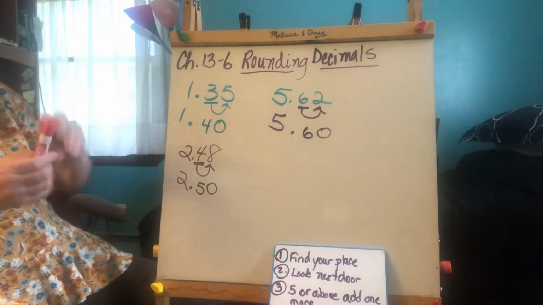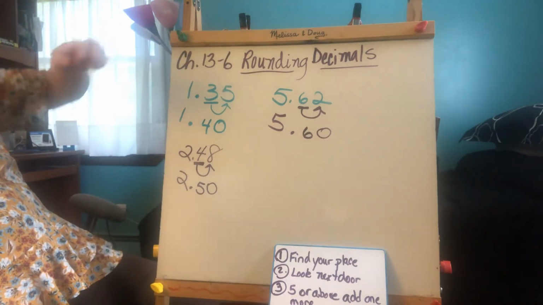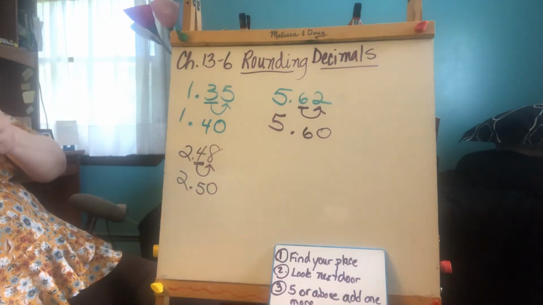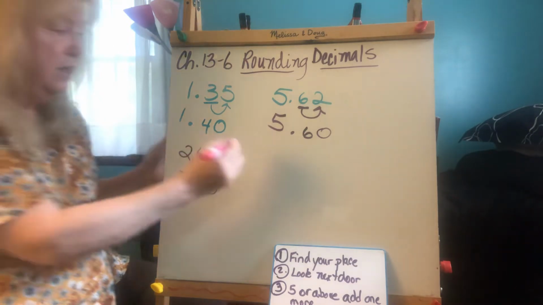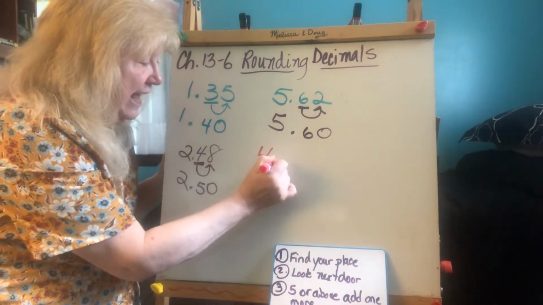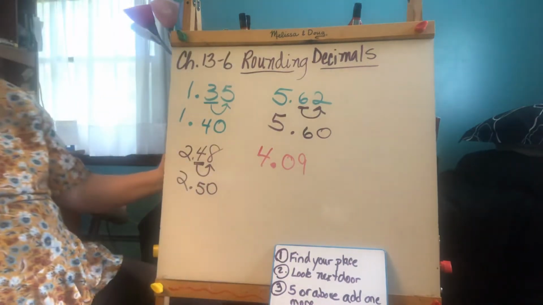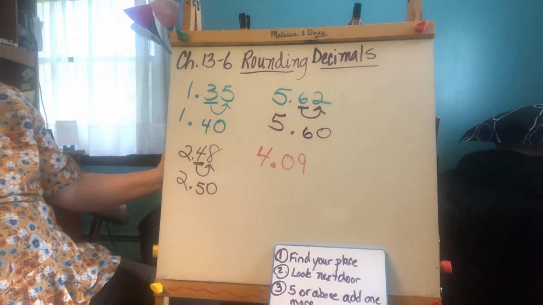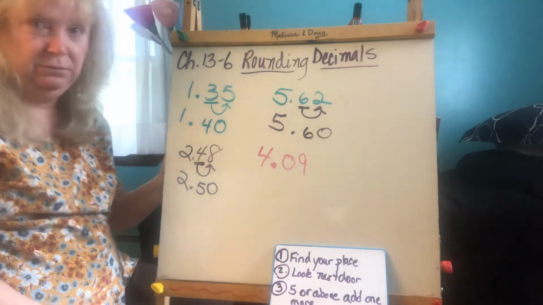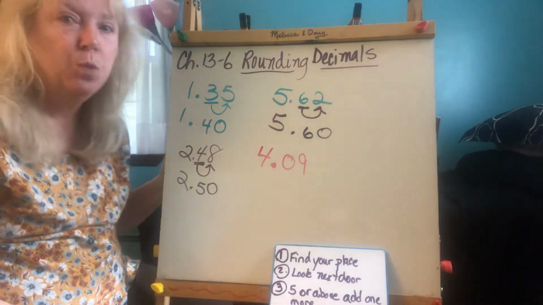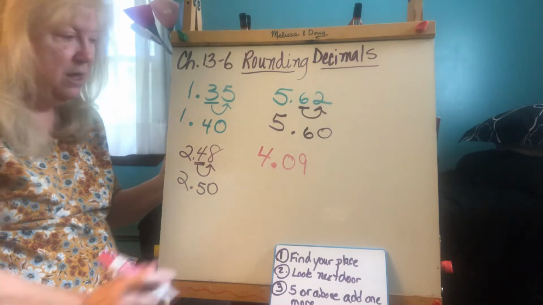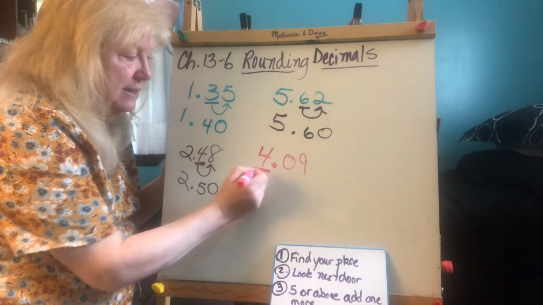What if you were given 4 and 9 hundredths? 4 and 9 hundredths. And I want you to round it to the nearest 1. The nearest 1. Find your place.